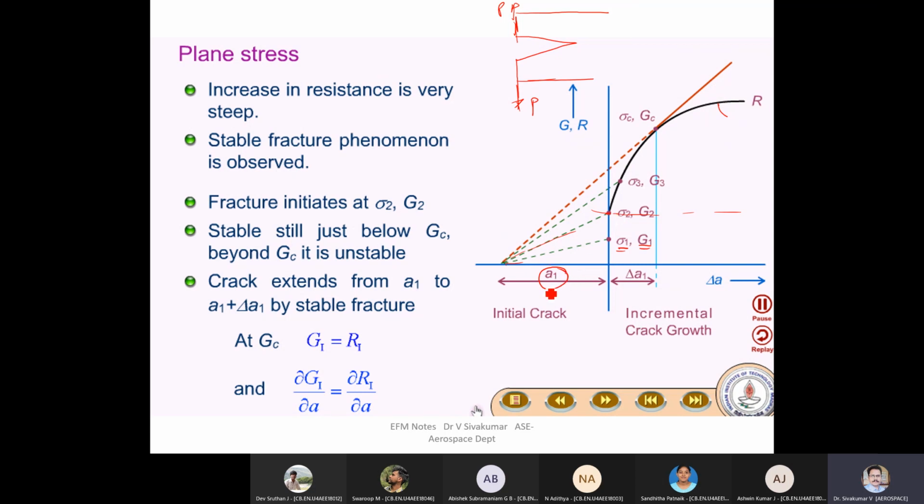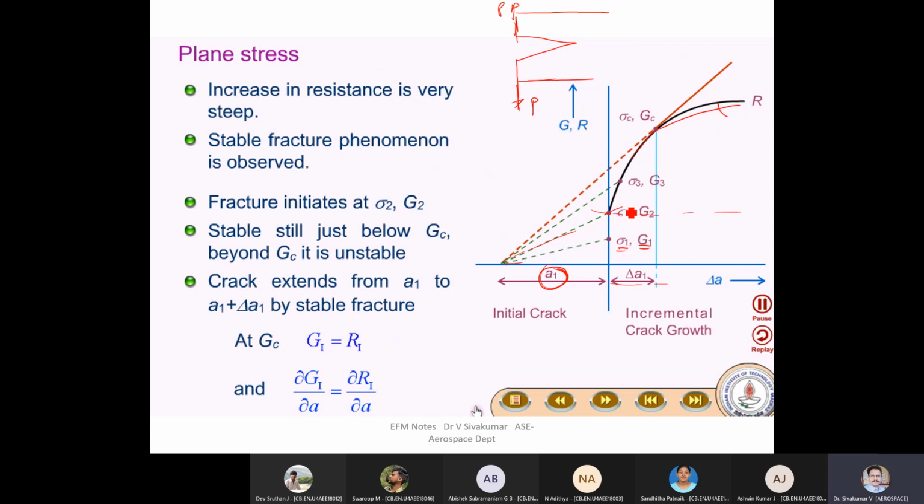When my crack length A grows, my R also will increase. Why? Plastic formation. As long as my delta A grows, my R will also grow, because of plasticity formation. But the growth of R is quite high compared to plane strain.